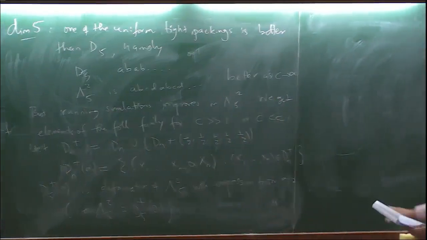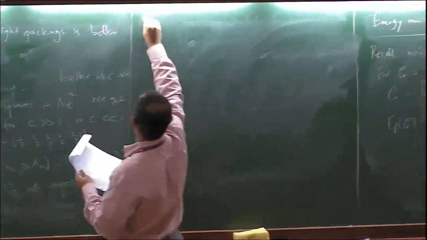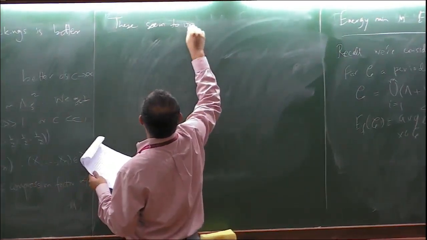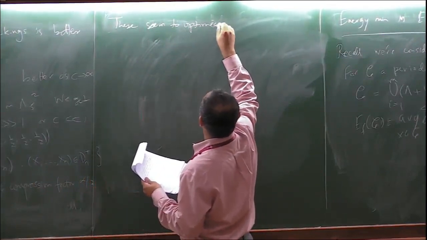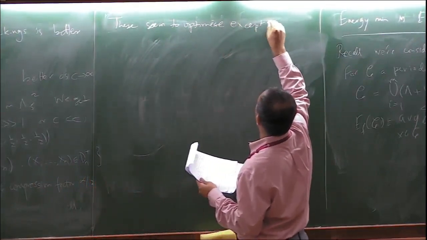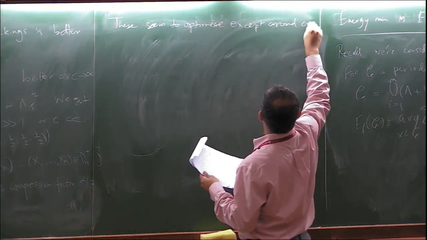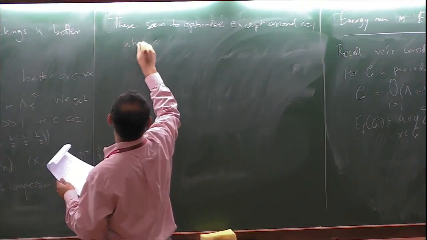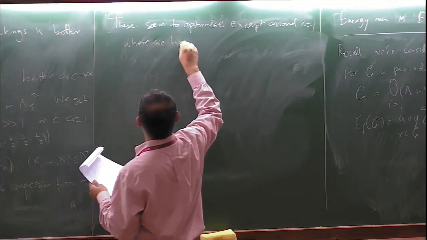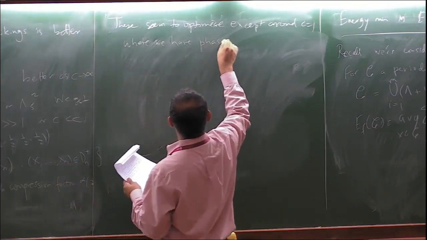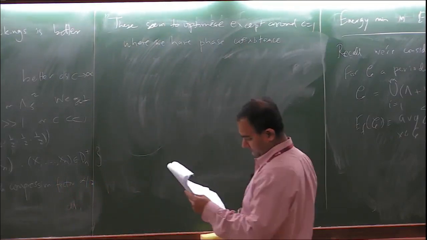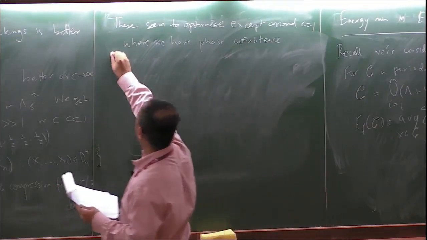So we seem to get elements of this family. These seem to optimize, except around C equals 1, where again you have phase coexistence. And let me just make a little note.